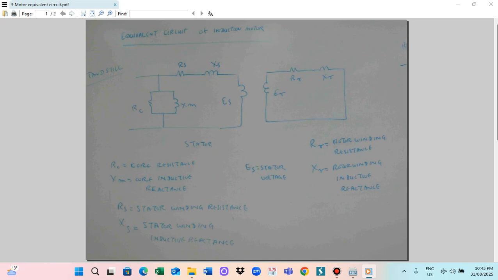So that will be the ES. And this will be the SER. SER means slip multiplied by rotor resistance. And this is RR. And this is the SXR. So this one we use RC and XM.